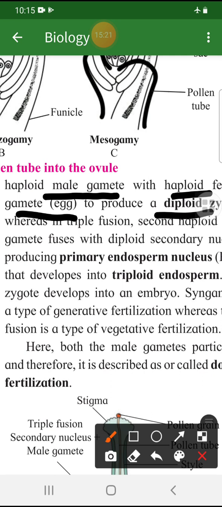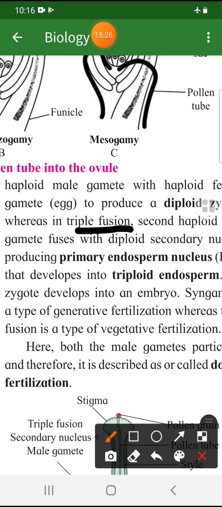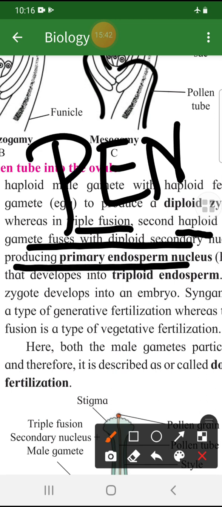Now the second important fusion that happens here is called triple fusion. What happens in triple fusion? The second haploid, or we can say the second male gamete, fuses with the secondary nucleus, producing the PEN, primary endosperm nucleus. Endosperm means it's the food.